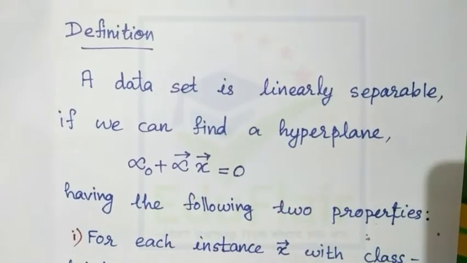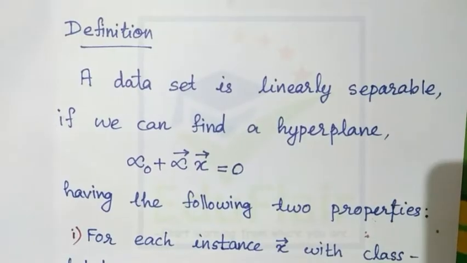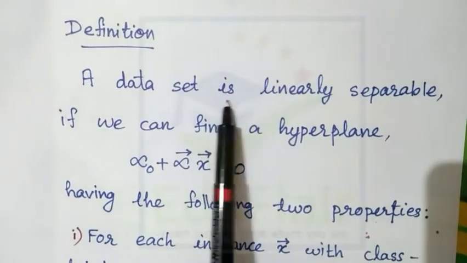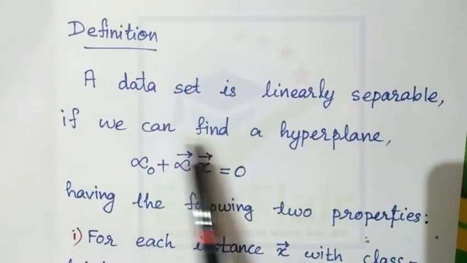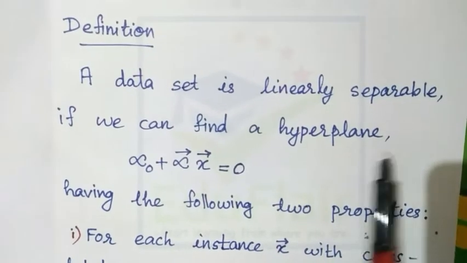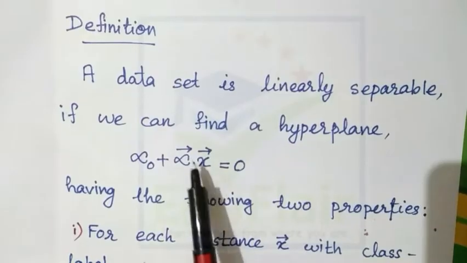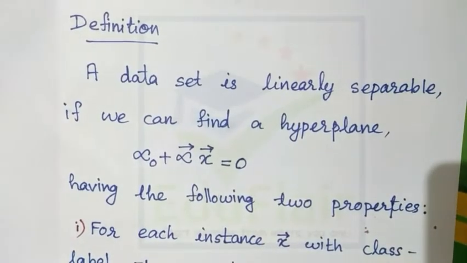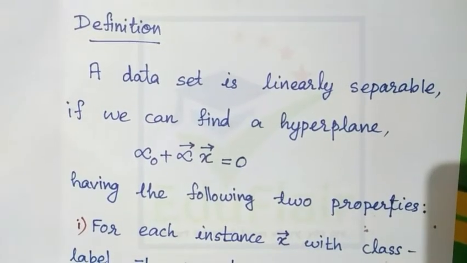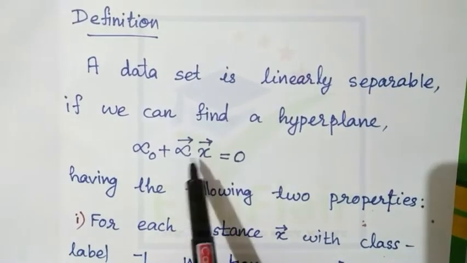Now, let's go to the formal definition of linearly separable data. A dataset is linearly separable if we can find a hyperplane of the form alpha 0 plus vector alpha dot vector x is equal to 0 having the following two properties.